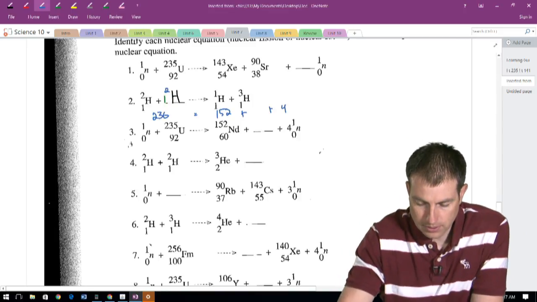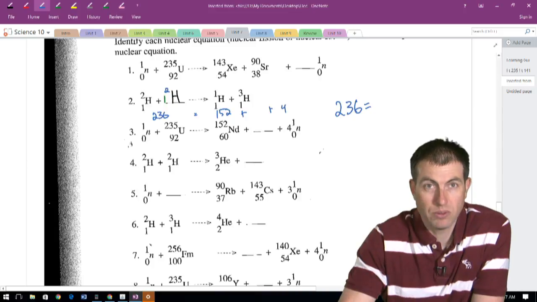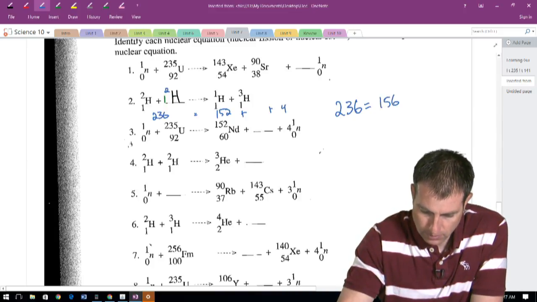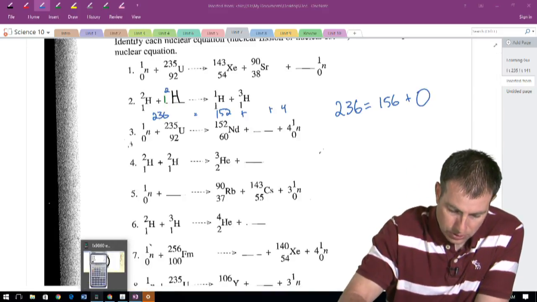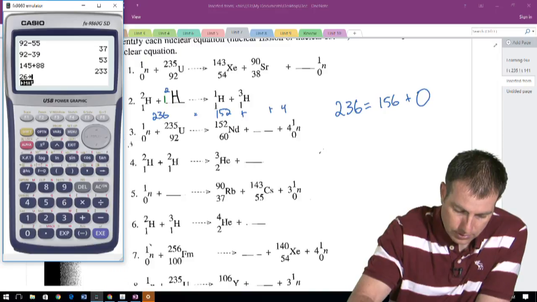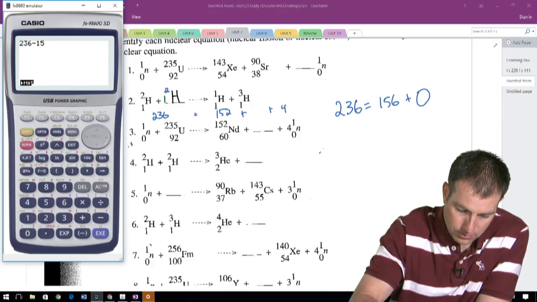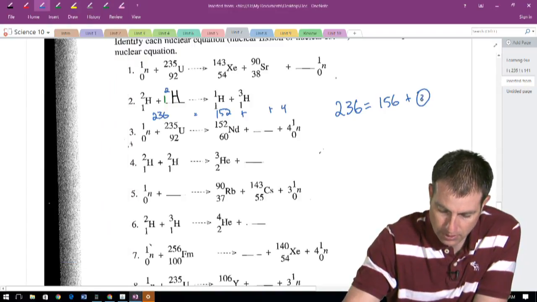So 236, this is what I'm going to work with. 236 is equal to 152 and 4 is going to give me 156 plus something. So if you want to use your calculator, you can just go 236 minus 156, and you end up with the blank being 80.